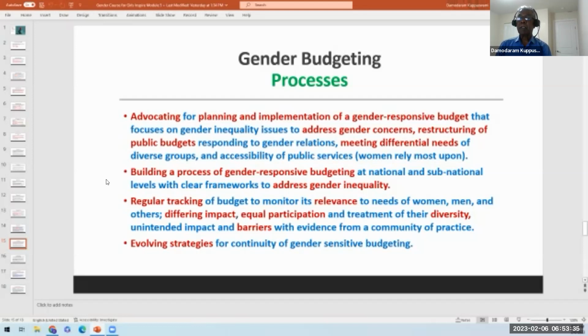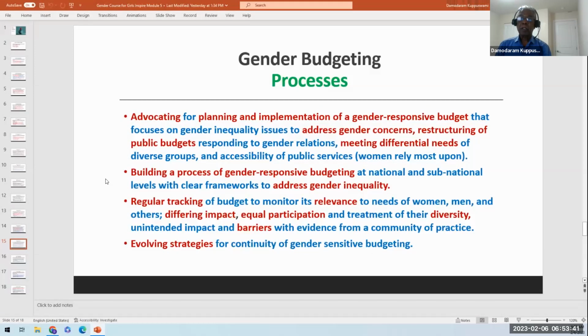This is where I think gender budgeting is also a watchdog activity in terms of how the budgets are gender responsive in terms of allocations with equitable allocation as well as spending.